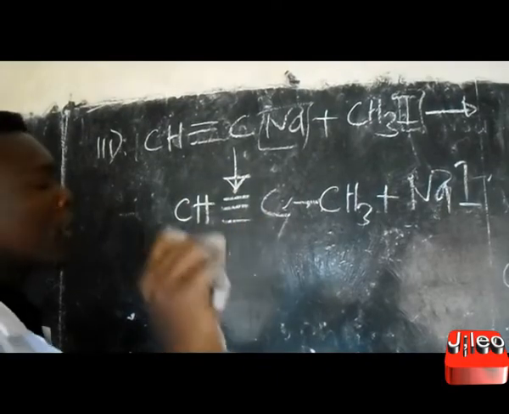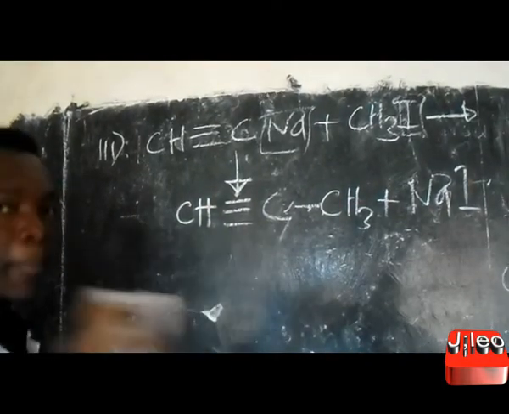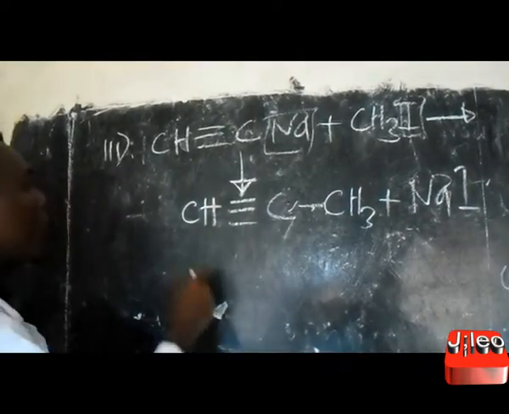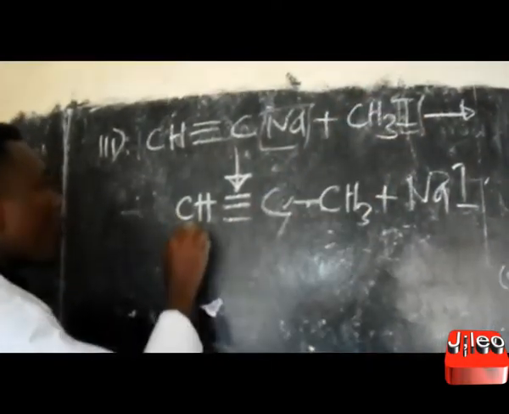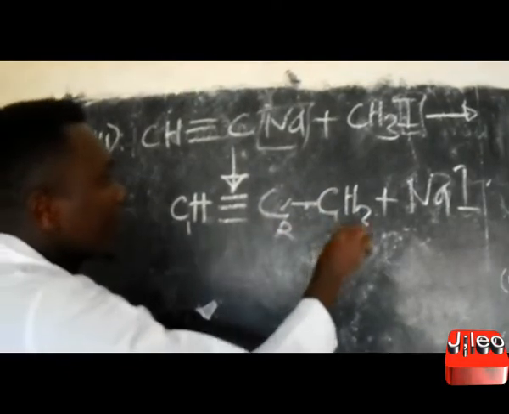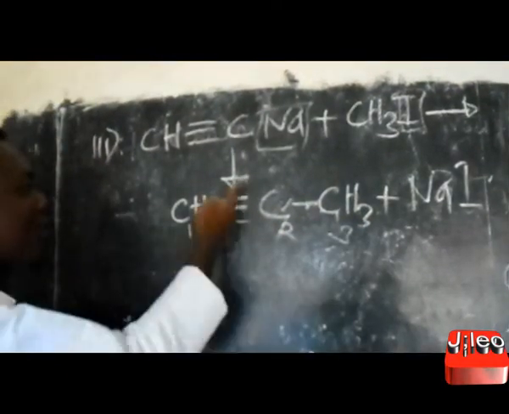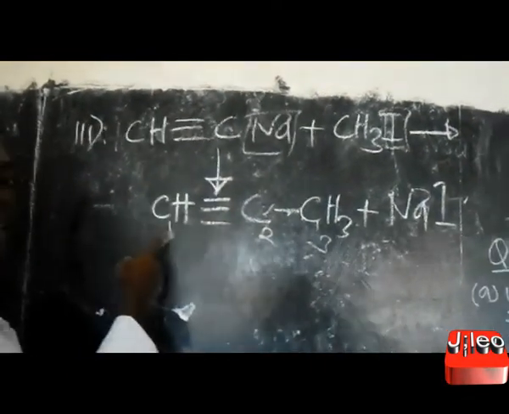So you have to start numbering from the region nearby the functional group. Here we shall start numbering from left to right: 1, 2, 3. So we found that this functional group is on the first carbon.